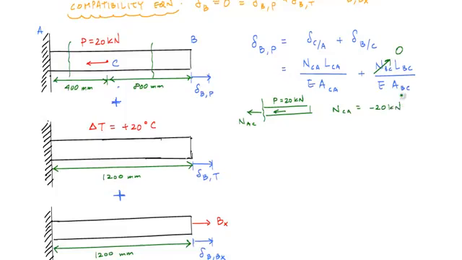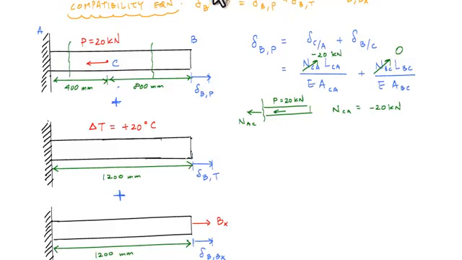So essentially that tells me segment CA is in compression. And I'm going to substitute in here negative 20 kilonewtons. And I know the length is 400 millimeters. E and A are given to me, or at least A, the cross-sectional area, I can simply calculate. And so now I can just move on to calculating the deformation at B due to the temperature change.